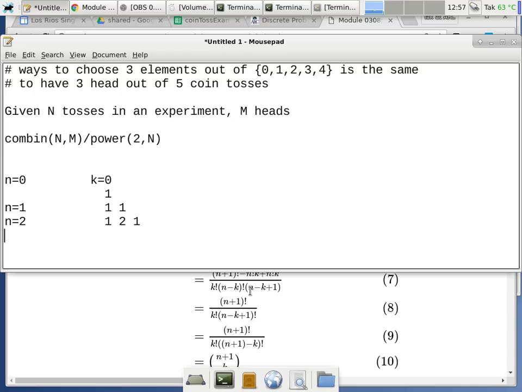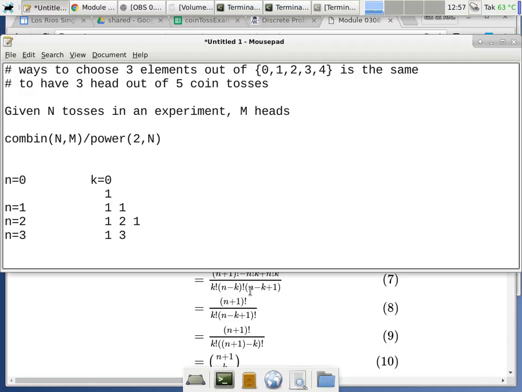Okay, cool. N equals 3. I got three things now. I got one way to choose nothing out of three things. How many ways can I choose one thing out of three things? Let's see whether it makes sense. I got A, B, and C. I only want one out of A, B, and C. Three ways. How many ways can I choose two things out of three things?